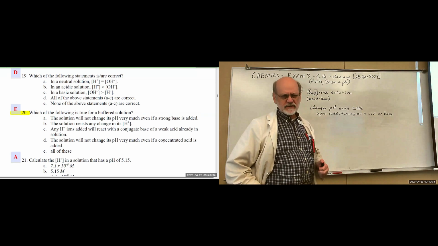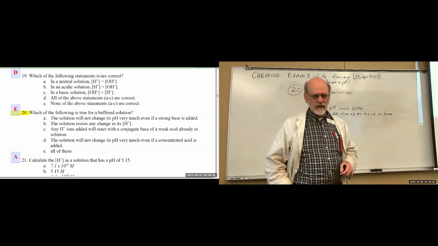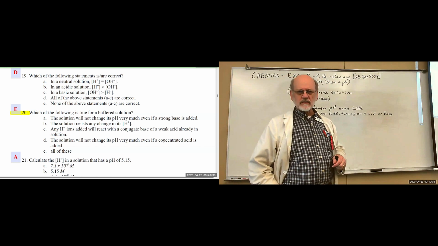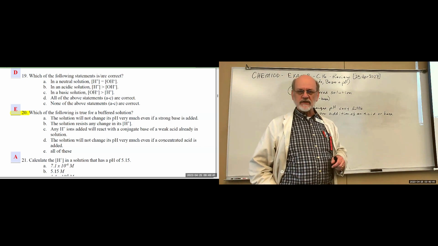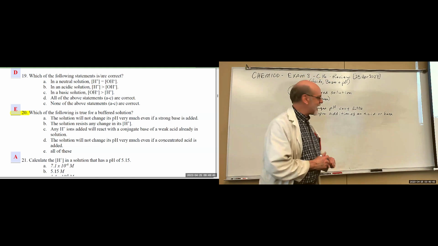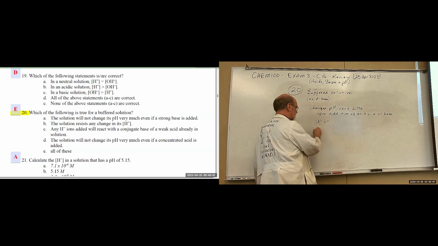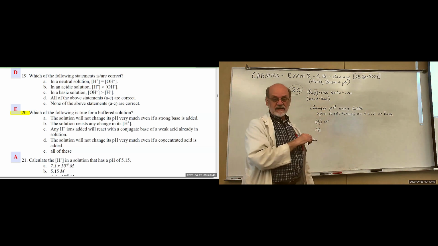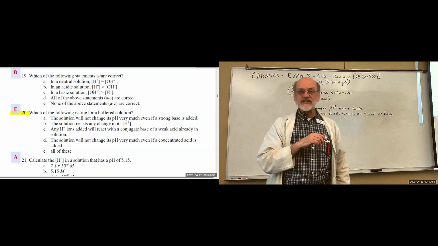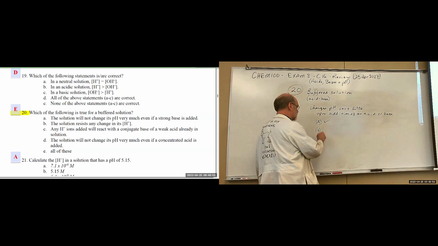So which one of these statements is true? Well, A says the solution will not change its pH very much, even if a strong base is added. Right? A, that's a good one. How about B? The solution resists any change in its hydrogen ion concentration. That's another way of putting it.